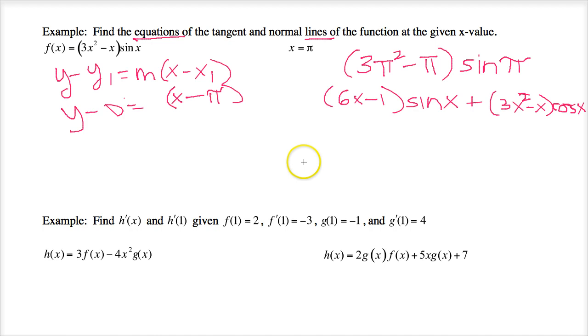Alright, I've taken the derivative now, and now to figure out m, I'm going to plug in pi to see what I get. So I plug in pi, 6 pi minus 1, sine pi, plus 3 pi squared minus pi, cosine pi.